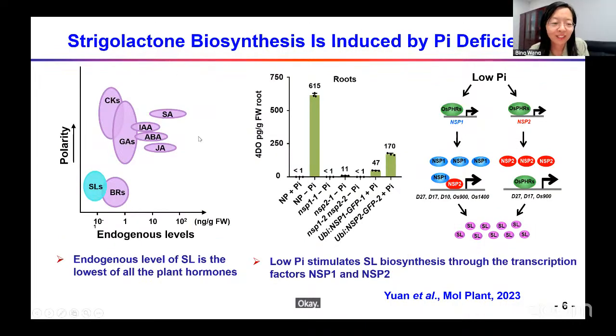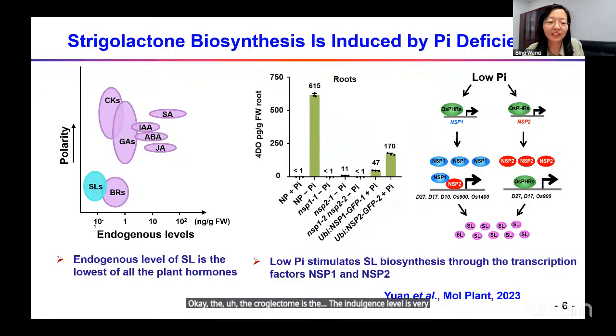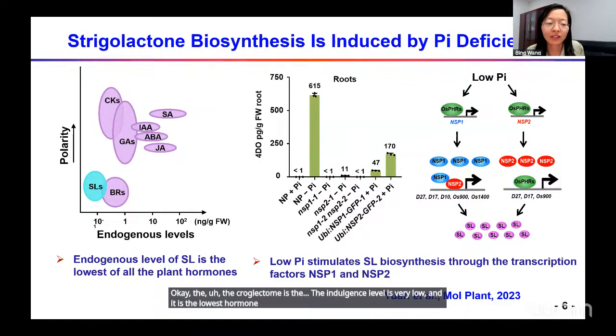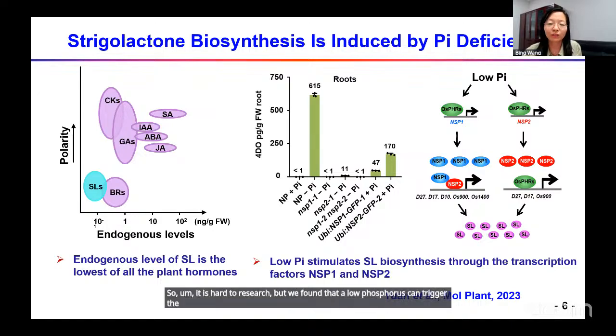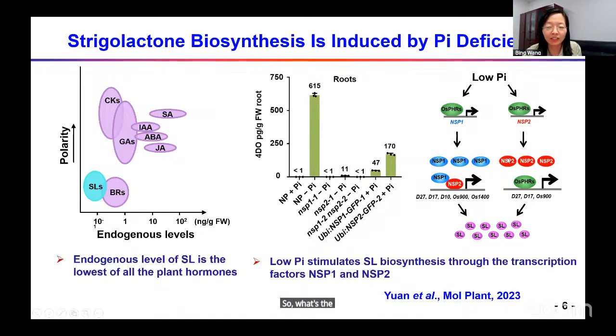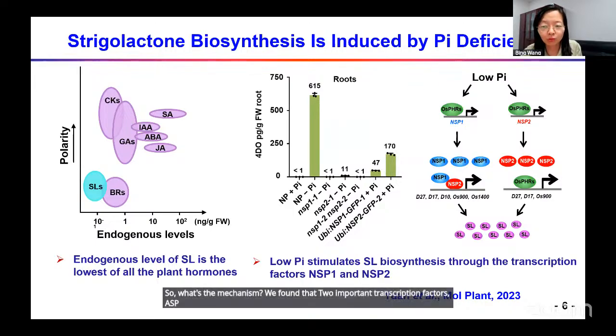The strigolactone endogenous level is very low, the lowest among all the discovered hormones. So it is hard to research, but we found that low phosphorus can trigger the biosynthesis of strigolactone to more than 600-fold in rice. So what's the mechanism? We found that two important transcription factors, ASP1 and ASP2, which are also important for symbiosis, are responsible for the induction.